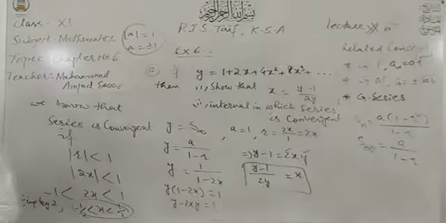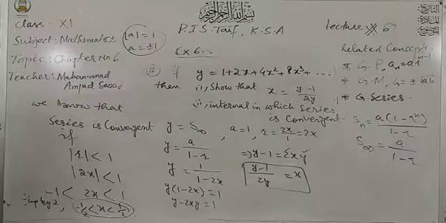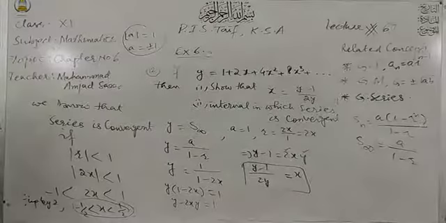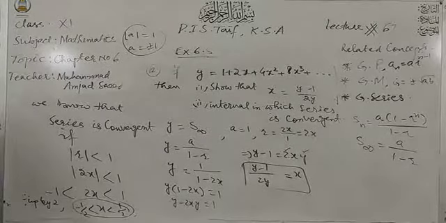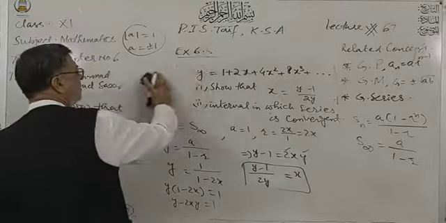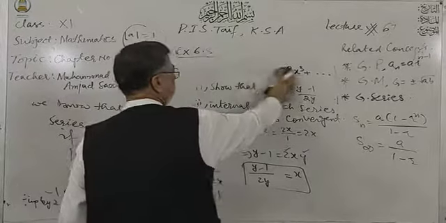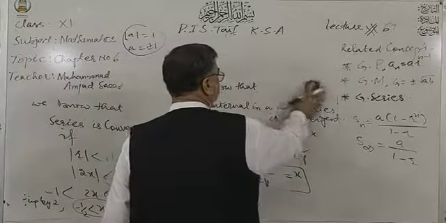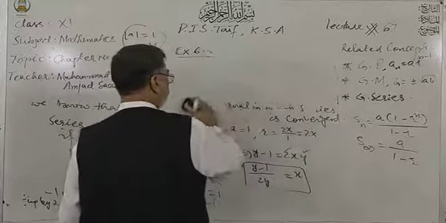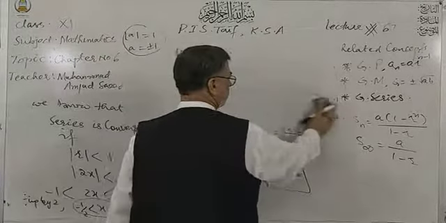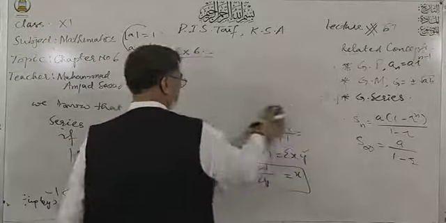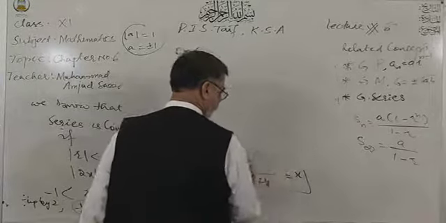After that, we have question number 14. The sum of an infinite geometric series is 9 and the sum of squares of its terms is 81 over 5. Find the series. This will be your last question of this exercise 6.8.